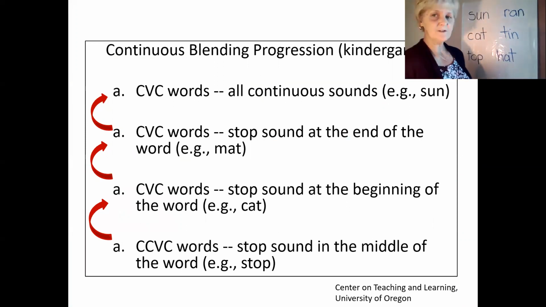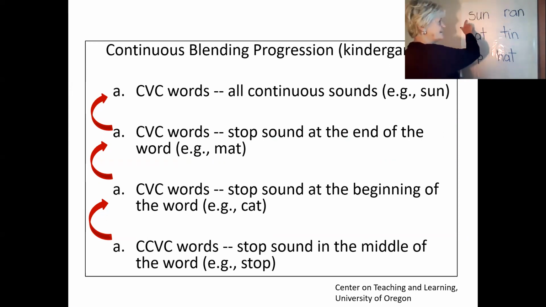There are continuous sounds and stop sounds, and the easiest for students to blend are all continuous. For example, here, I can hold these sounds for a long time and blend through them. That's the least difficult part of the blending process. It's the easiest place for kids to start. So if you have students who have trouble blending, we start here with all continuous sounds.